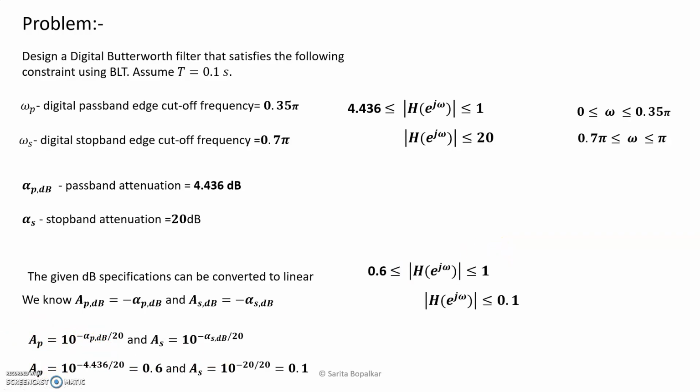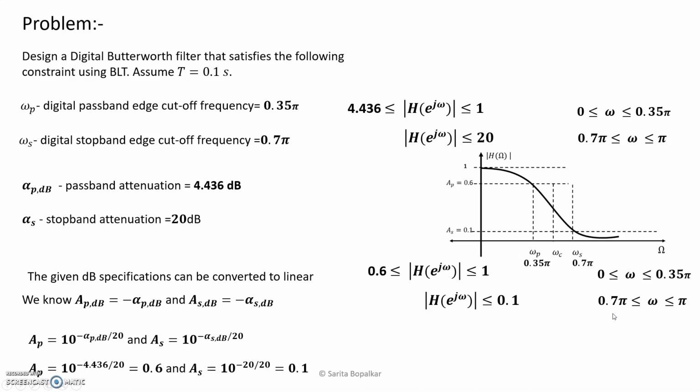And the specification can be written again in terms of gain. So passband gain is 0.6, stopband gain is 0.1, and these are the passband and stopband edge cutoff frequencies. So we have obtained the digital specification in terms of gain by using this relation.